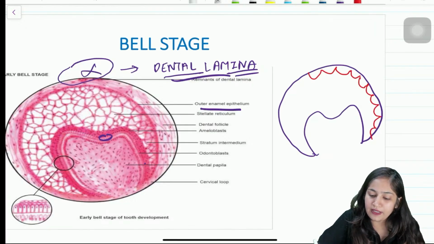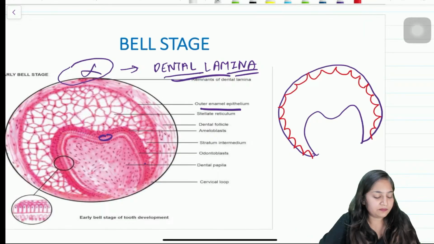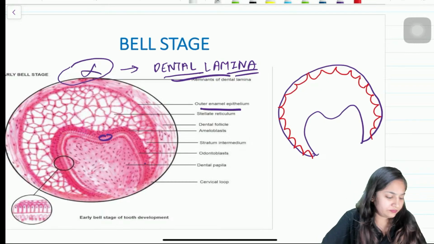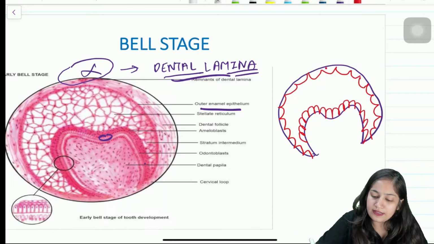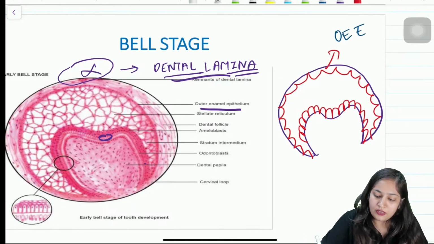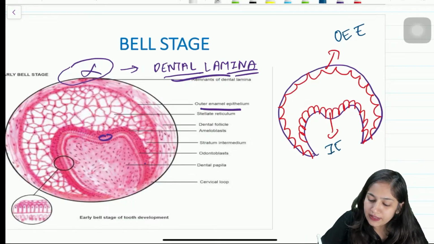This is one layer having cuboidal cells. Which layer is this? Then we have tall columnar cells. This is our outer enamel epithelium. Tall columnar cells, we are having inner enamel epithelial layer.